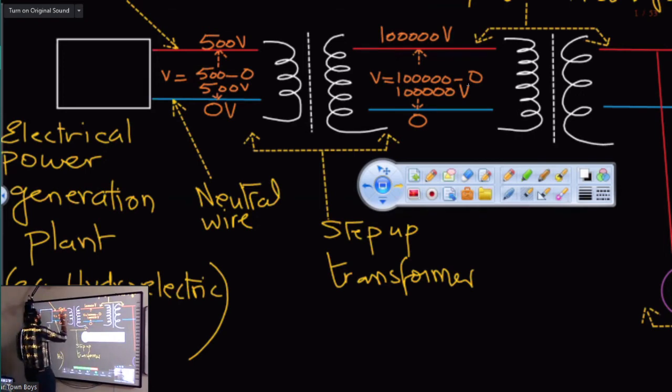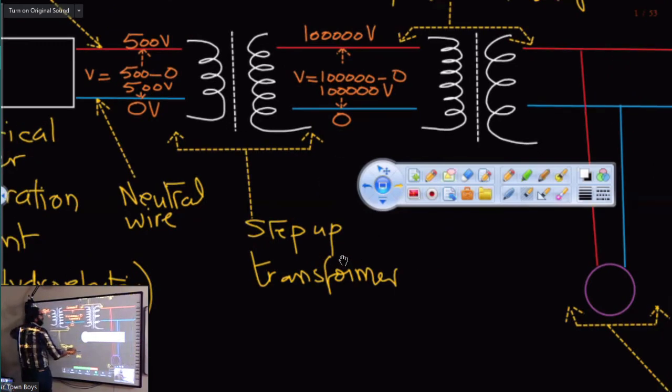Okay. The whole diagram is the thing that we are going to discuss along the whole topic of practical electricity. So I'm dividing this diagram into different sections, which we are going to study.